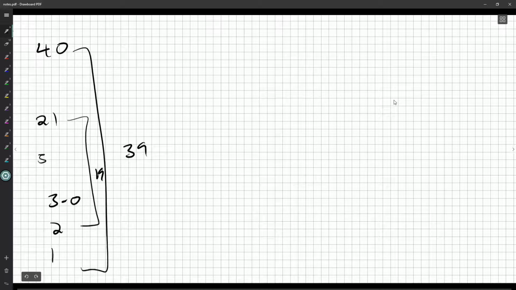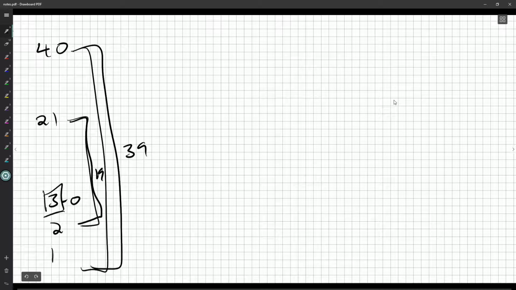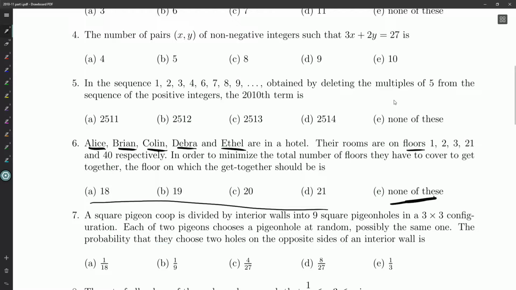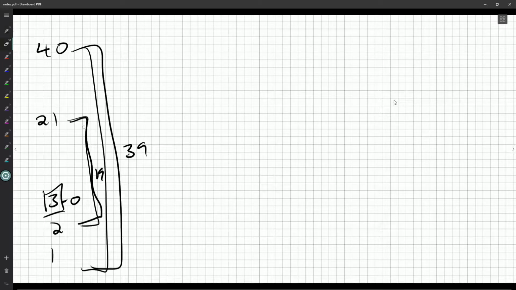Whereas if they met on, say, floor 5, these two people are still traveling 19 floors combined, these two are traveling 39 floors combined, but this person's traveling 2 floors. That's not as small as them traveling 0 floors. So it looks like they should meet on floor 3, which of course would give us an answer of none of these. But let's see if we can make a formula here.